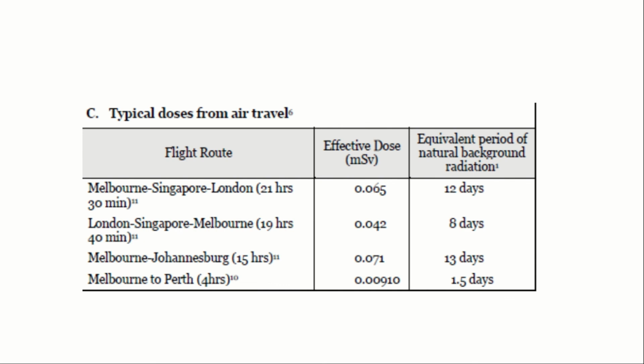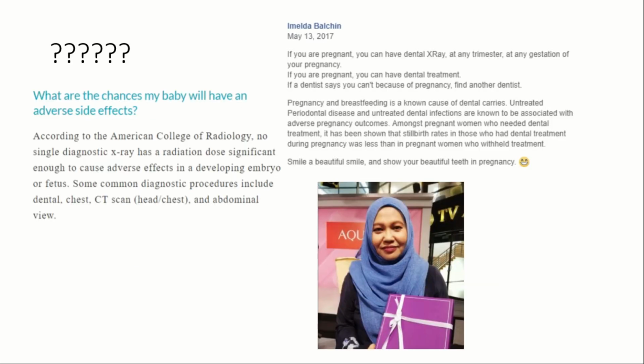You have to expose yourself to background radiation for 12 days to achieve it. I hope you understand. I'm very sure that you are familiar with this, as there is controversy between dentists and our medical counterparts regarding these issues.